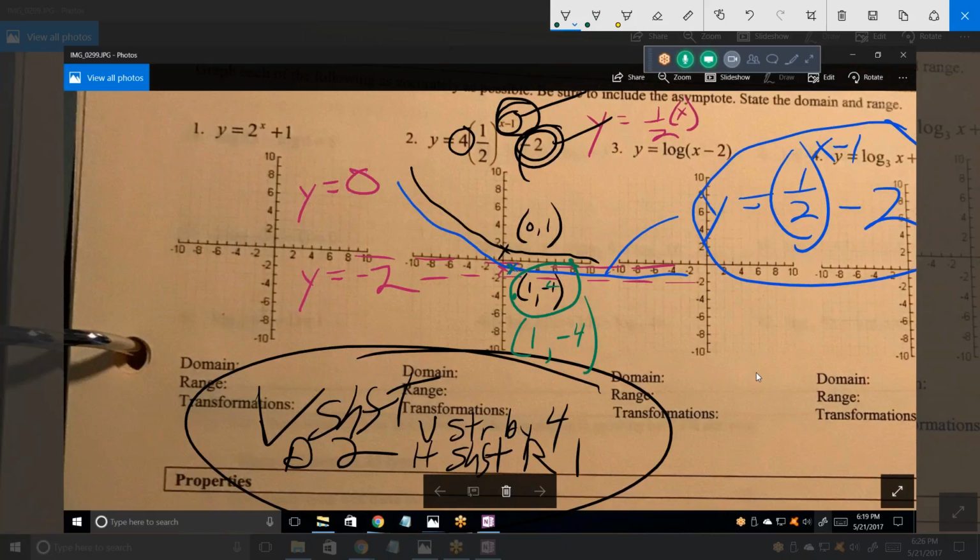Yeah, that changes that point. Because it's a vertical stretch, it multiplies that point by 4 and makes it go through here rather than where it went through. Okay.